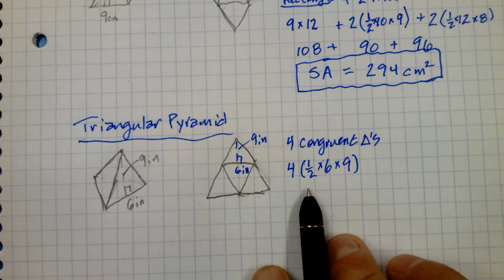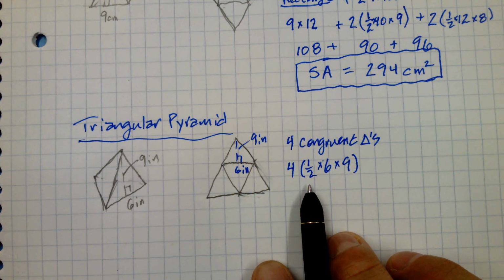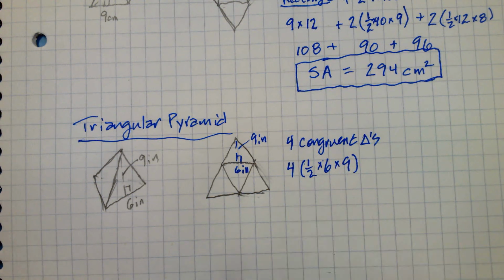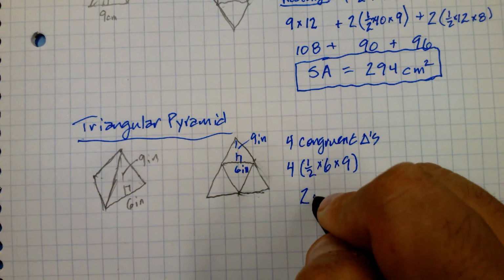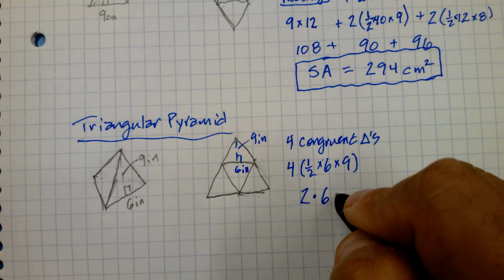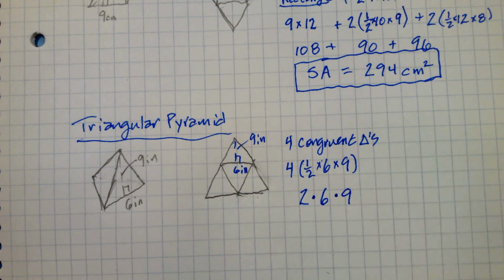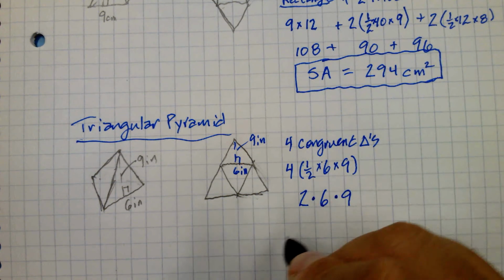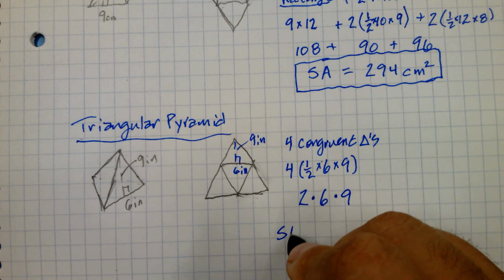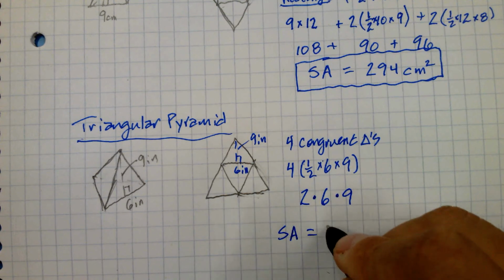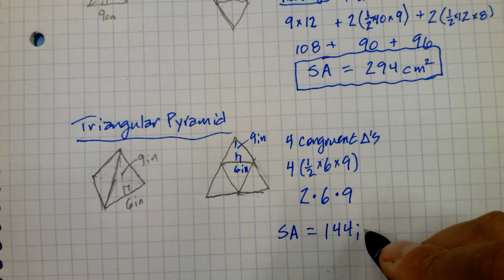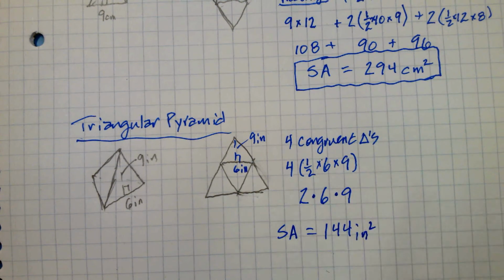Okay. What's 4 times 1/2? 2. So it would be 2 times 6 times 9 if you want to do that. So we can break it down to 2 times 6 times 9. And our units are square inches.